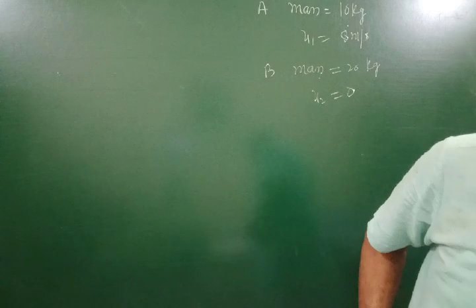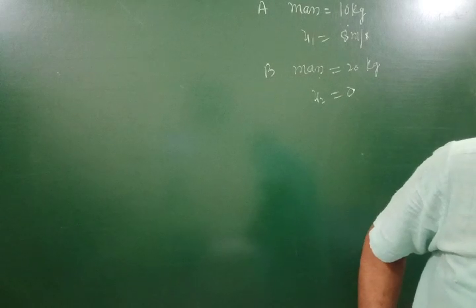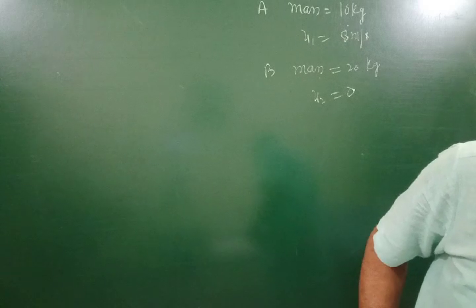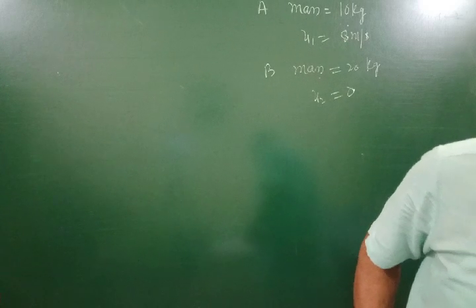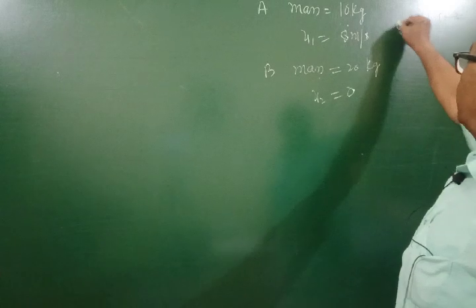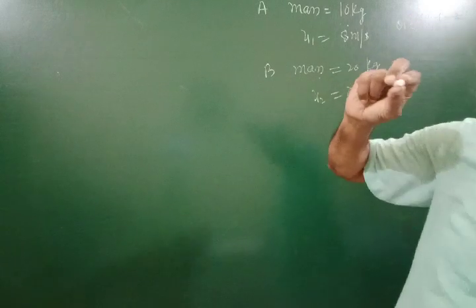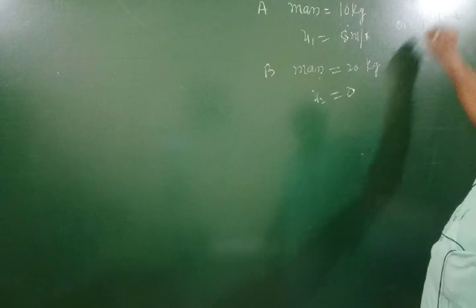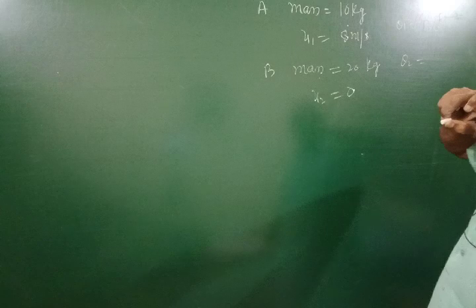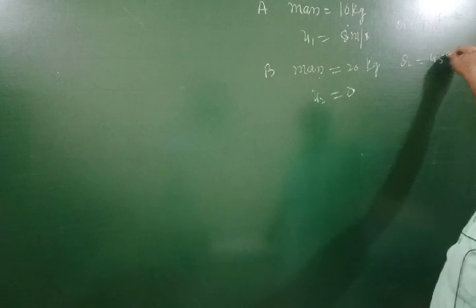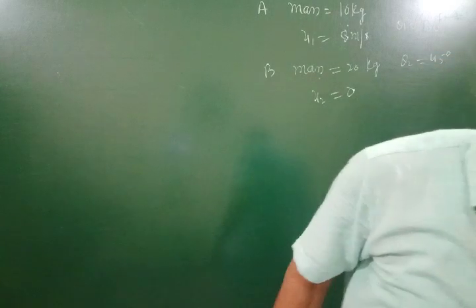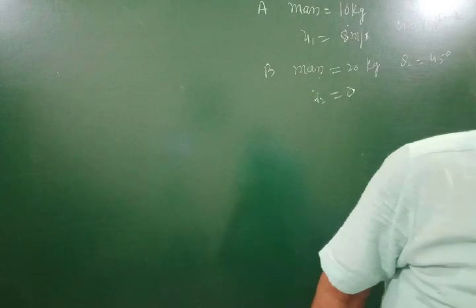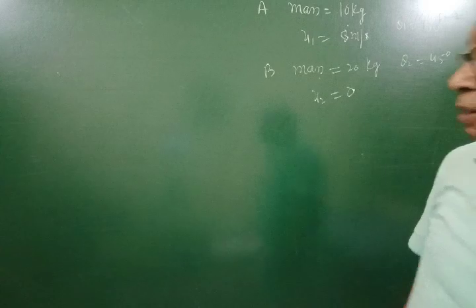After collision, balls A and B move along directions making angles of 30 degrees and 45 degrees respectively with the initial direction of motion of A. Find the final speeds of both A and B.